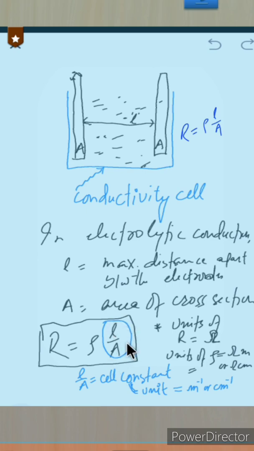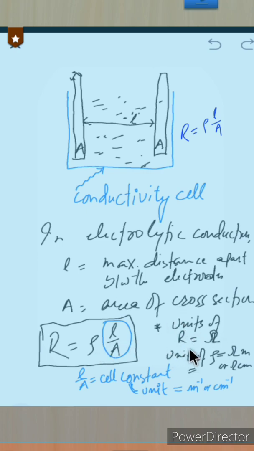This is a constant. Another point is that resistivity is the reciprocal of conductivity, and in the next slide I'll explain about conductivity.